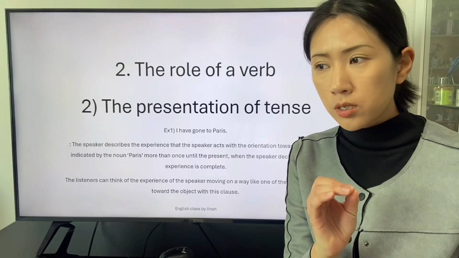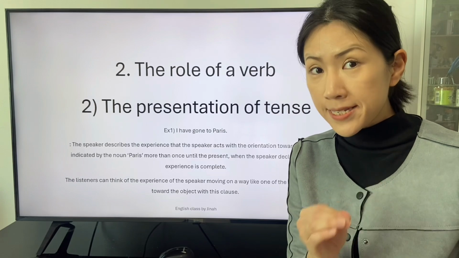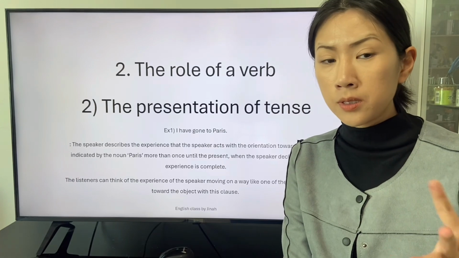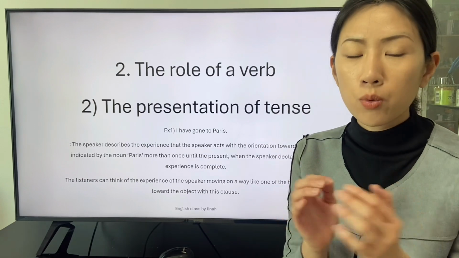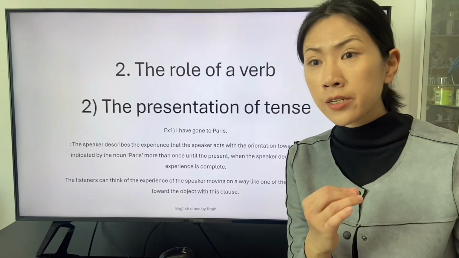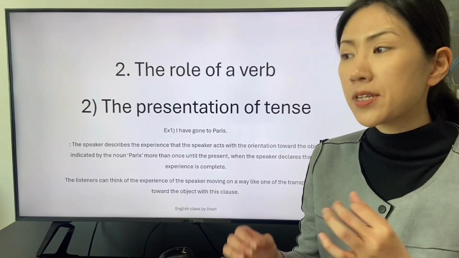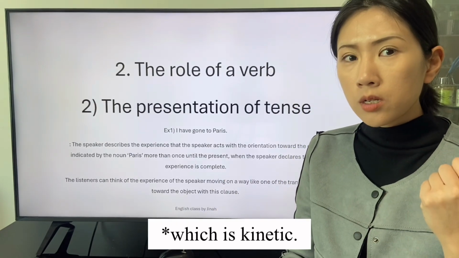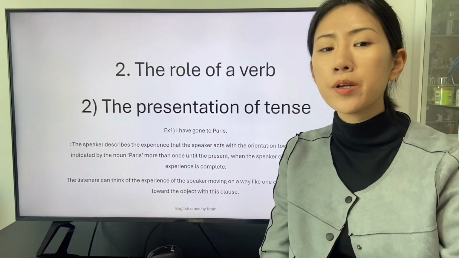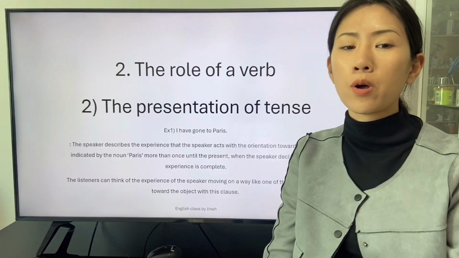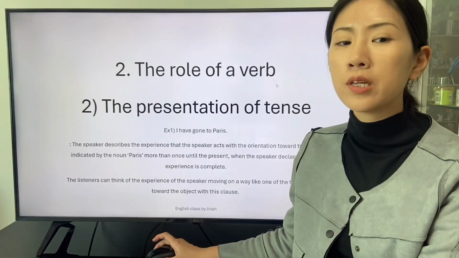The root form of the past participle gone is the verb go. The definition of the intransitive verb go describes an action. The listeners can think of the experience of the speaker moving on a way like one of the transportation toward the object with this clause.